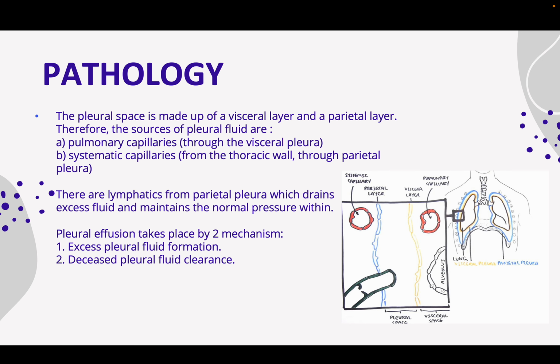Here's the pathology of pleural effusion. We have discussed this before in a previous slide. The pleural space is made up of a visceral layer and also a parietal layer. Here we can see this one. The blue line is the parietal layer, and the inside of this one is the visceral layer.